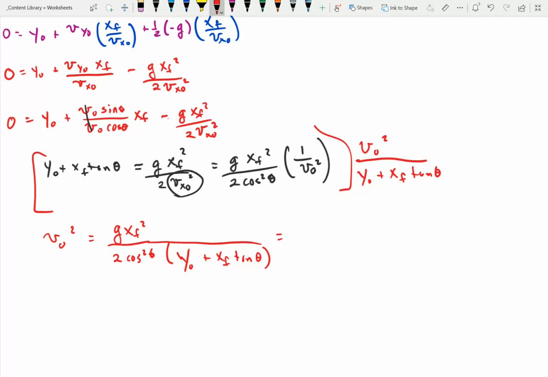Okay, what in the world, did I type in something wrong this time, I think, because I double checked my answer the first time. G x squared all over 2 cosine squared.